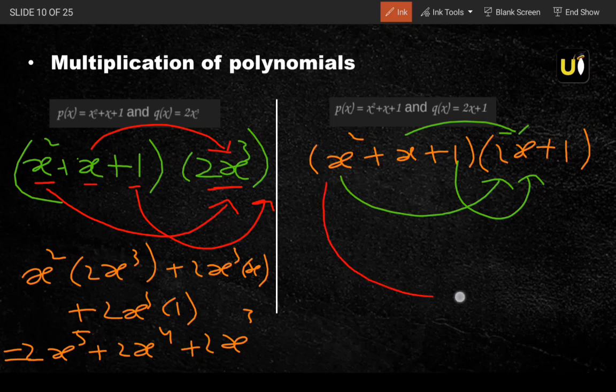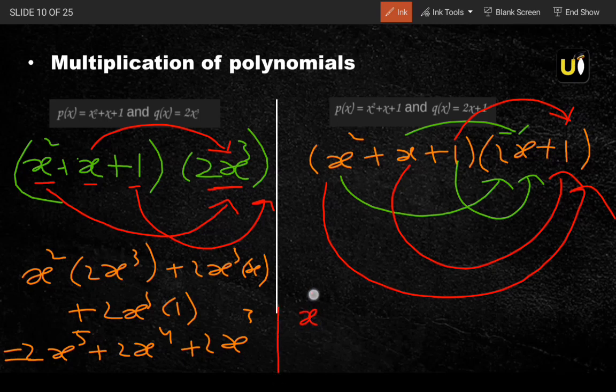Multiply every term with the second term. If you multiply like this, you can avoid the confusion. Multiply them in a systematic way. I'll write it again.